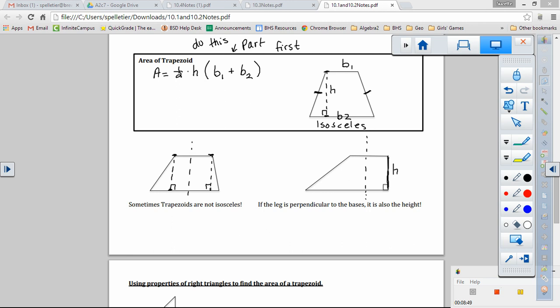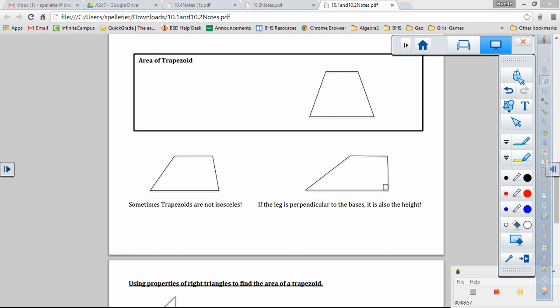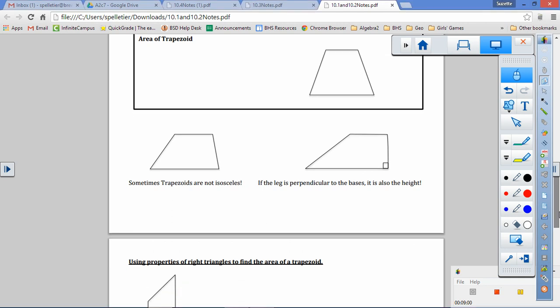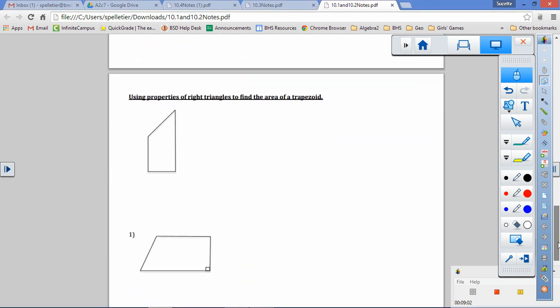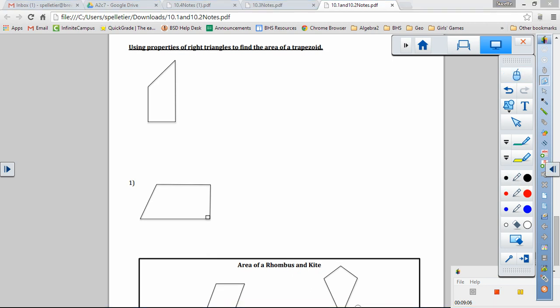All right, so let's take a moment and try a couple of trapezoids and see if we can remember how to use some of our triangles. And so we do have to use what we know about triangles to solve for trapezoids. This is very tricky, can be sometimes quite confusing. So let me show you what I have here on this example. So we have 6 feet on this side.